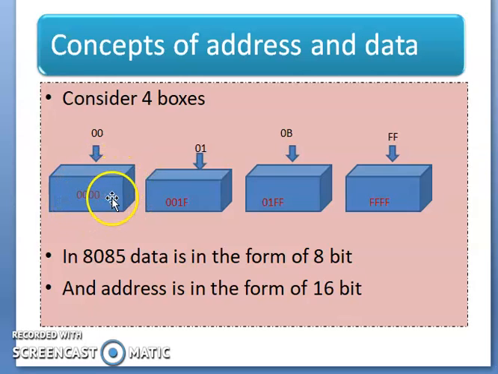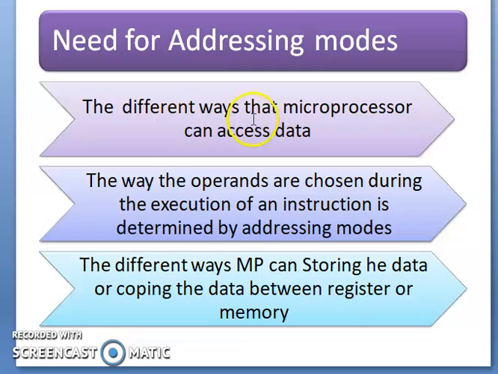Suppose I want to access the data 00, I can call the data 00 directly or from the box which has the address 0000. I am calling the same data 00 but with the help of different methods. So this is called addressing mode.